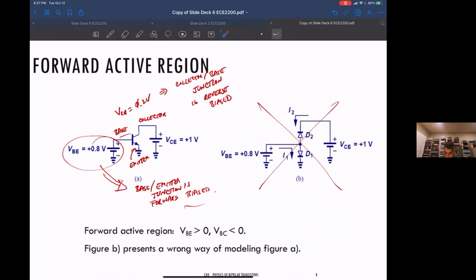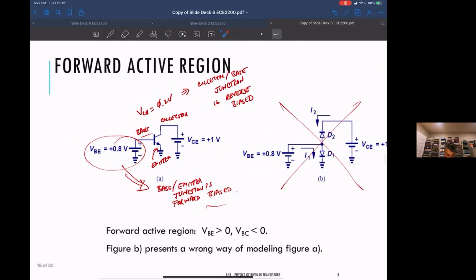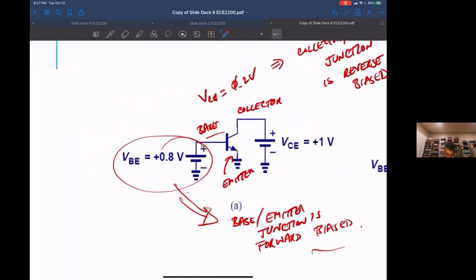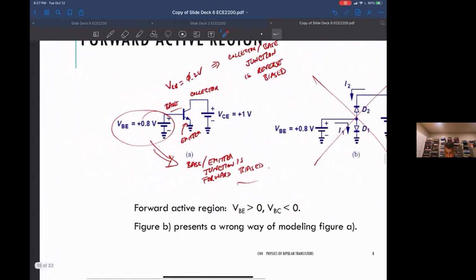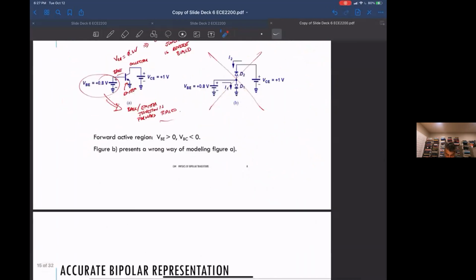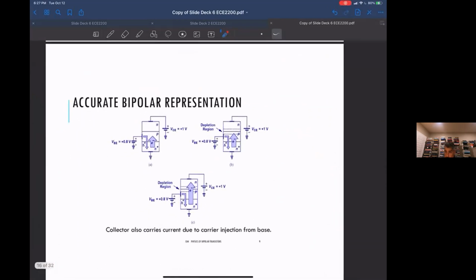So you can't think of it like this. There are 2 PN junctions, but the PN junctions are working together with each other. Okay, so let's see how this actually works.